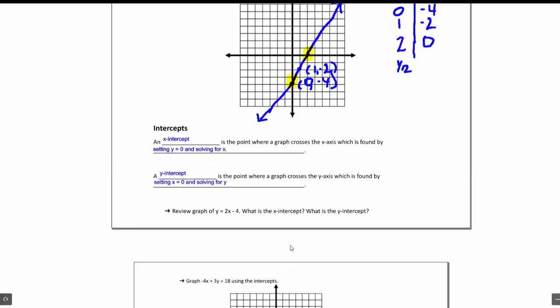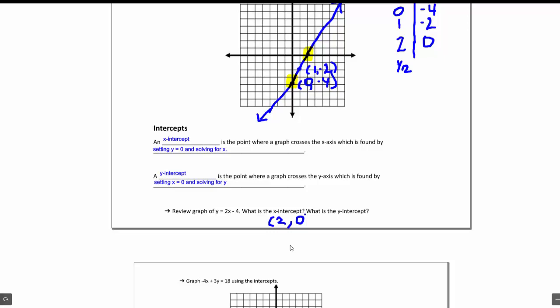This last little question down here, we already did this. Review the graph of 2x minus 4. What is the x-intercept? I said that backwards. The x-intercept is (2, 0). Let me erase that and fix it. Trying to write and think and talk at the same time.